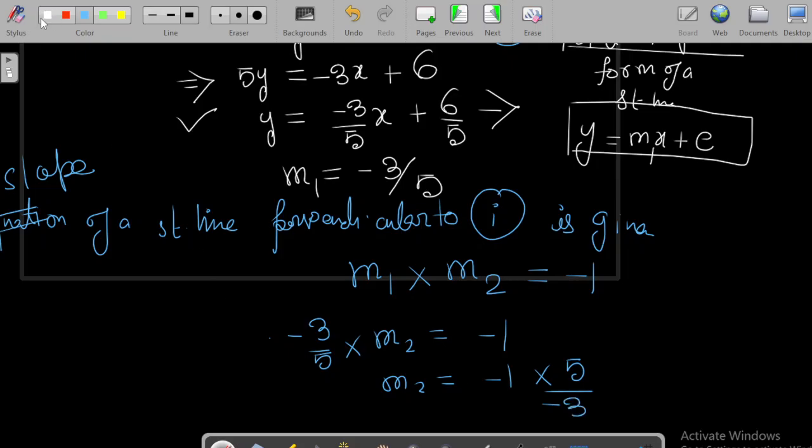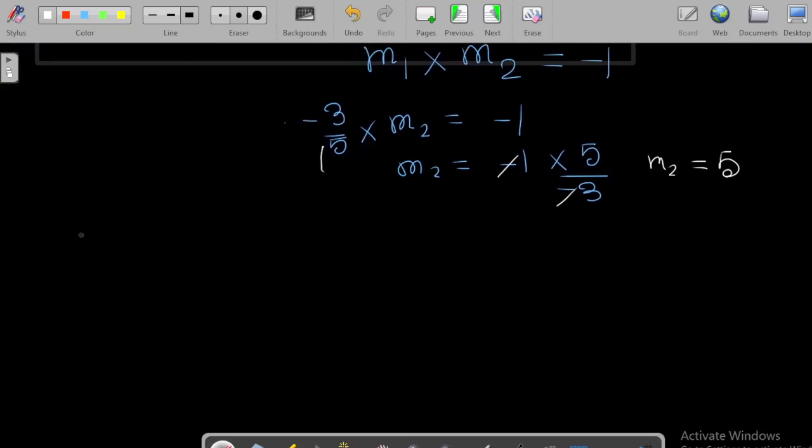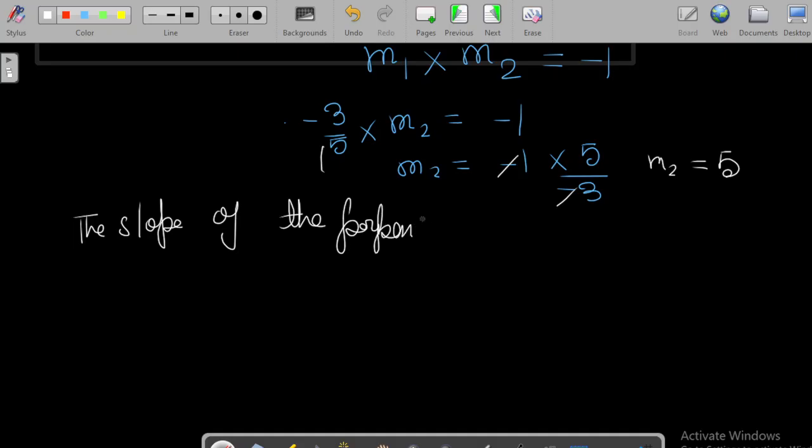So we reduce this minus with this minus, which gives m2 equals 5. So we had to find out the slope of the straight line perpendicular to the given straight line. So the slope of the perpendicular is what is given by m2 equals 5.